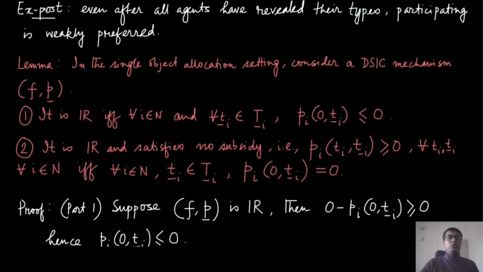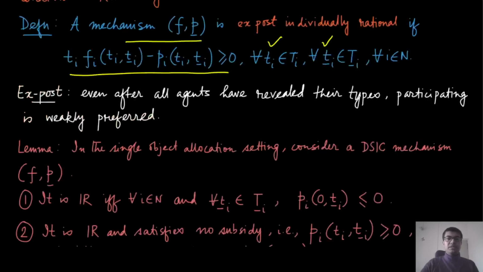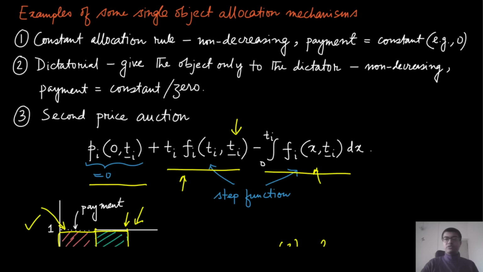Now we are going to present a result which gives some sort of structure on that constant function. Remember the payment formula from Myerson's characterization result. It had this constant function sitting at the beginning, pi 0 of t minus i. At certain points we have used certain values, so it can have any constant value.